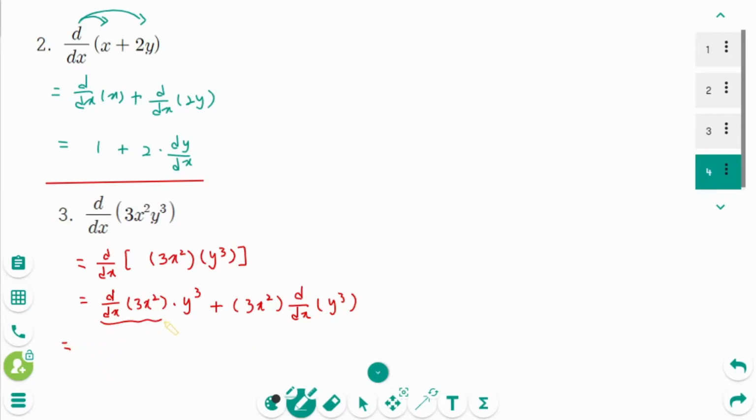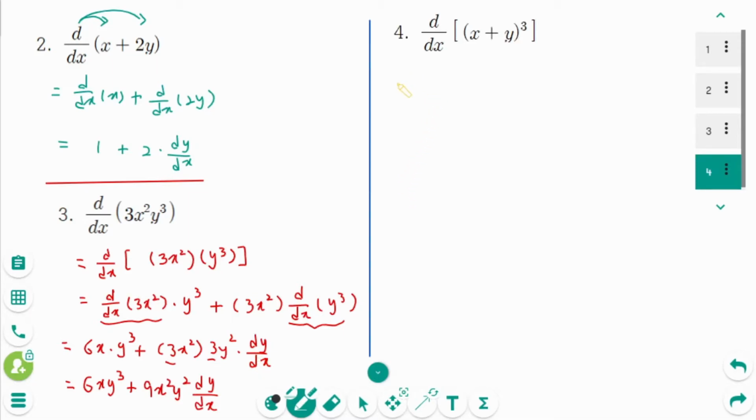The first one, 6x times y cubed, plus the second one, 3x squared times, use the chain rule, 3y squared times dy/dx. The final answer is 6xy cubed plus 9x squared y squared dy/dx.